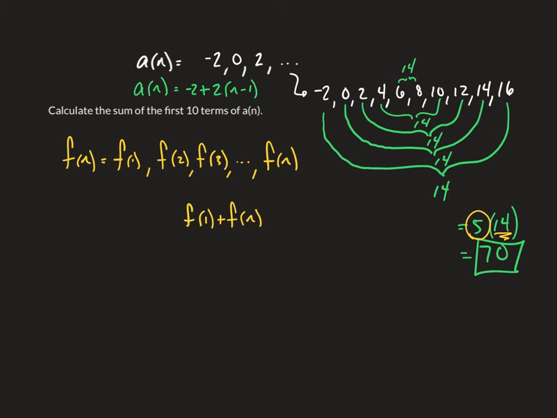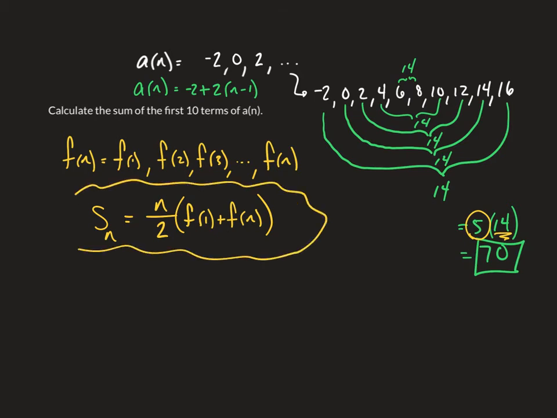In this case, n. So what I'm going to do is multiply this sum here by half of whatever n is, because I'm making pairs of all my terms. And so if I do this, then I end up with a series that is the sum of the first n terms of this arithmetic sequence.